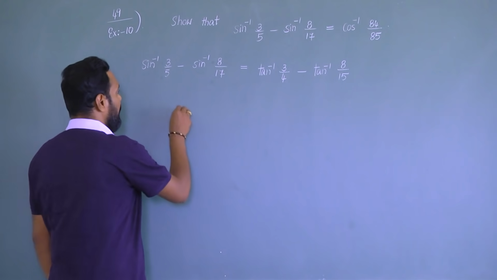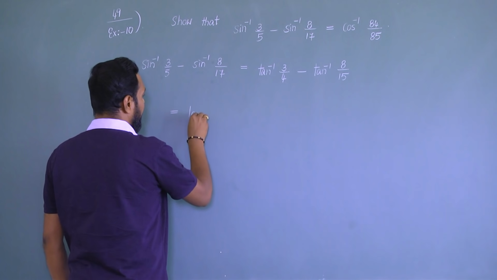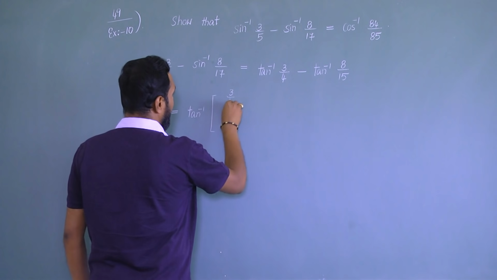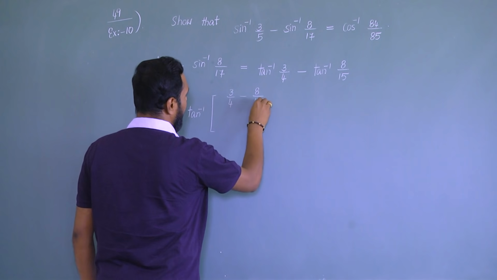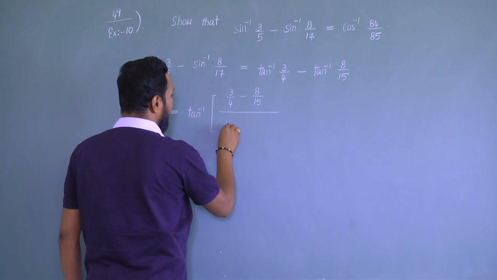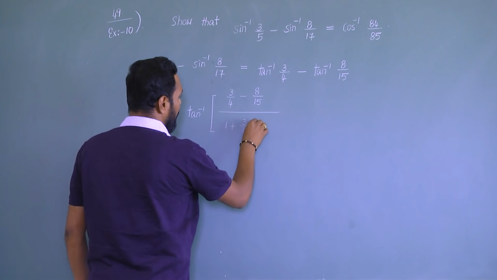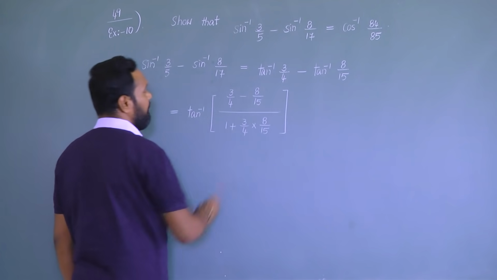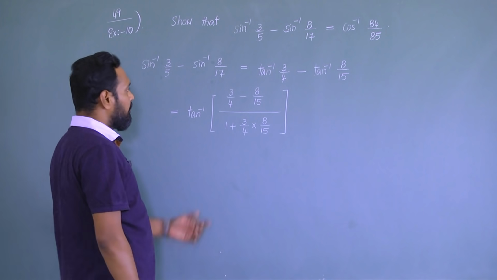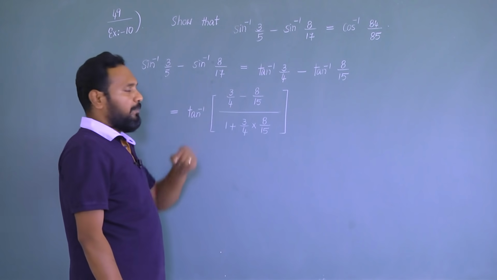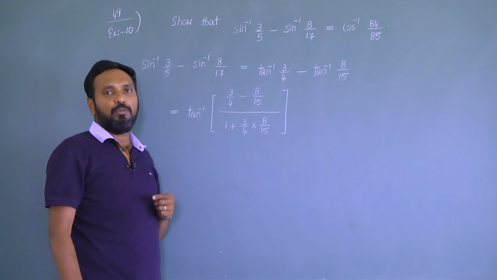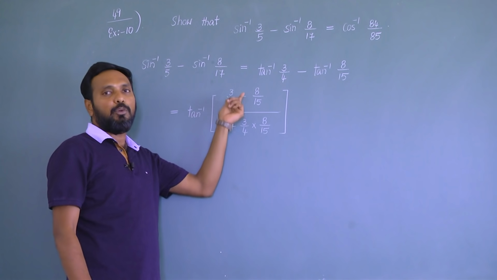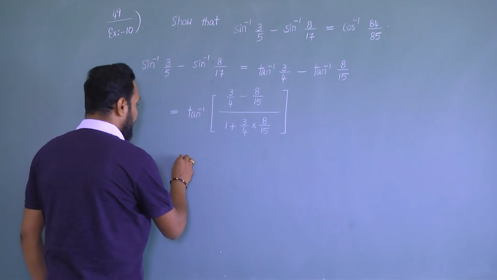So it is tan inverse of 3 by 4 minus 8 by 15 divided by 1 plus 3 by 4 into 8 by 15. Now 15 into 4 is 60. I can take the LCM and cancel that value in both numerator and denominator.